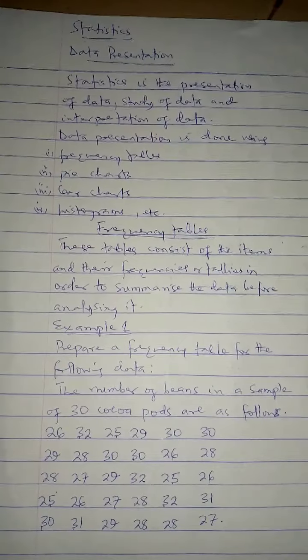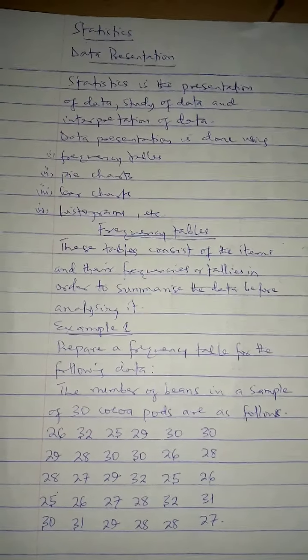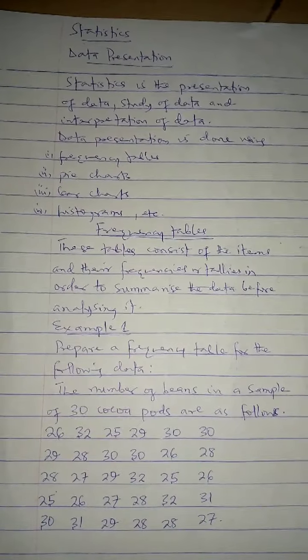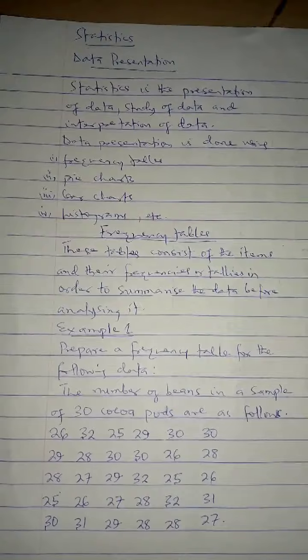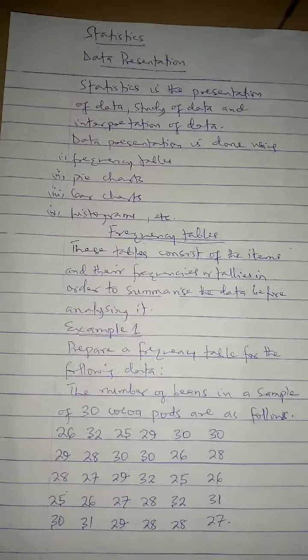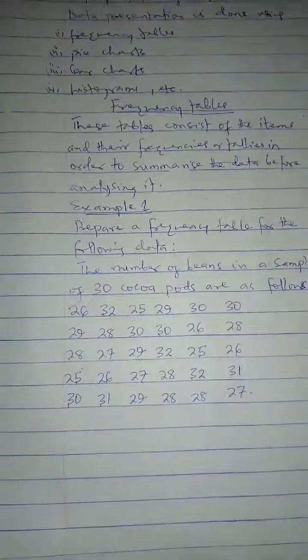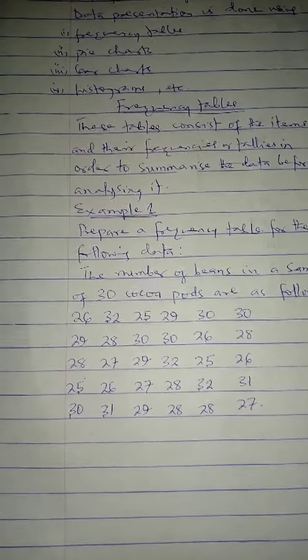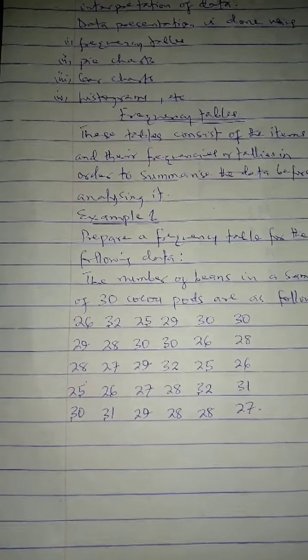So what we want to do with the data there is to present it in a frequency table, and this is how you make your presentation. Number 1, when you check your items you have to arrange them in ascending order in your table.